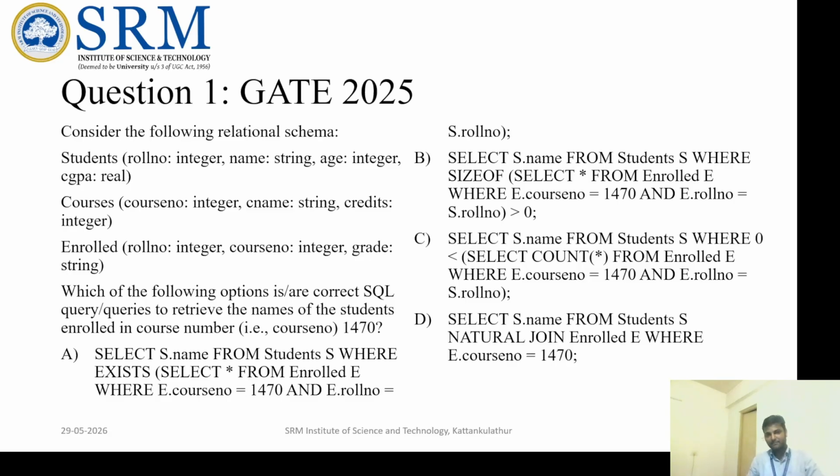And hence, option A: select S.name from student S where exists (select star from enrolled E where E.course number is 1470, obviously, and E.roll number equals S.roll number). So E.roll number equals S.roll number is just the join condition, and E.course number equals 1470 is the constant given in the question. Okay.